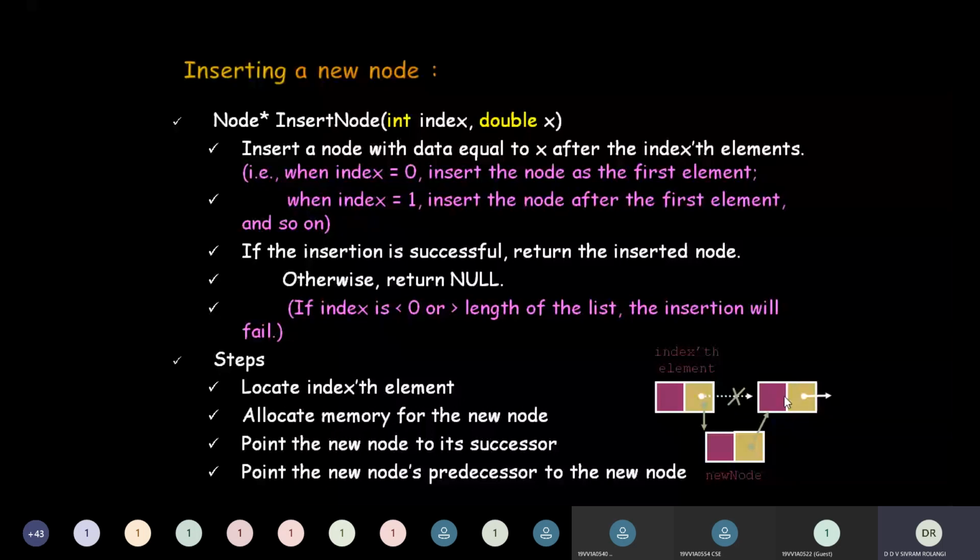Even if we cut this link, the remaining list is available with the new node. Now we point the new node's predecessor, that is the indexed element, to the new node.